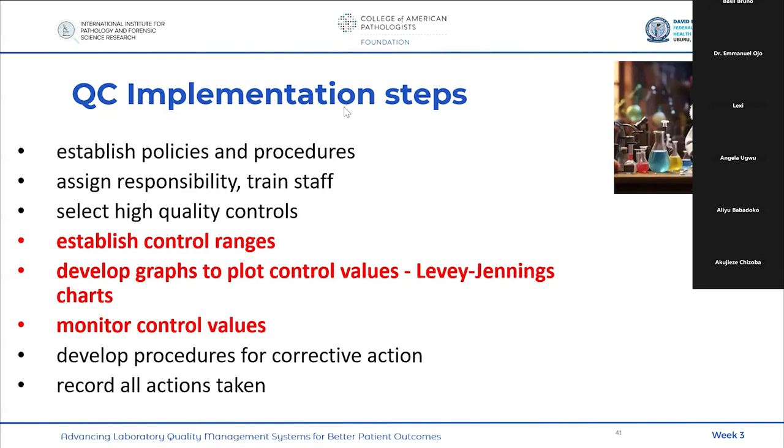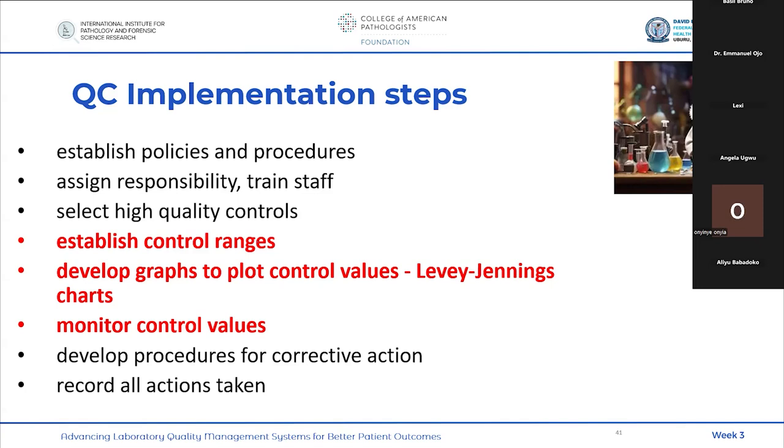So everything that has to do with documents is something that you need to look at in the initial stage of QC implementation. Then, of course, you need to assign responsibility. You need to train staff.